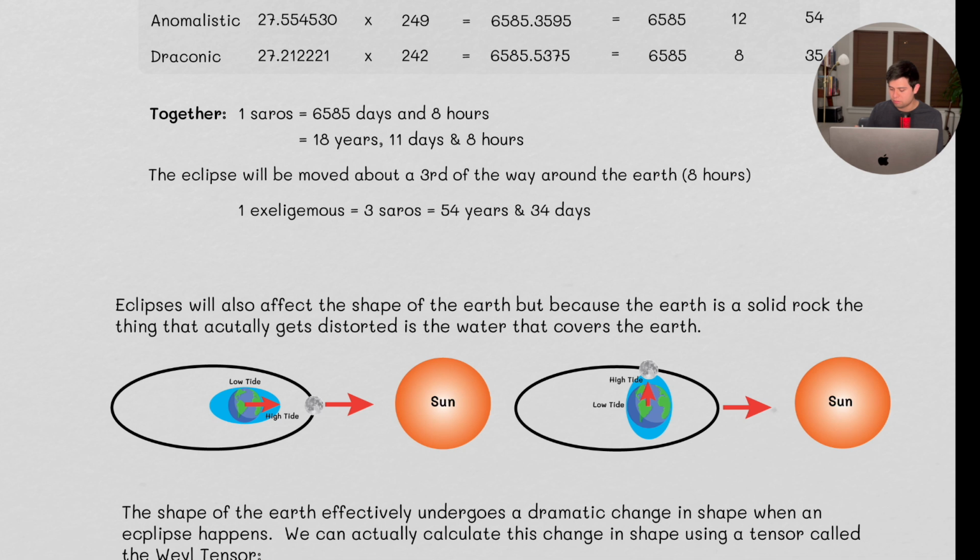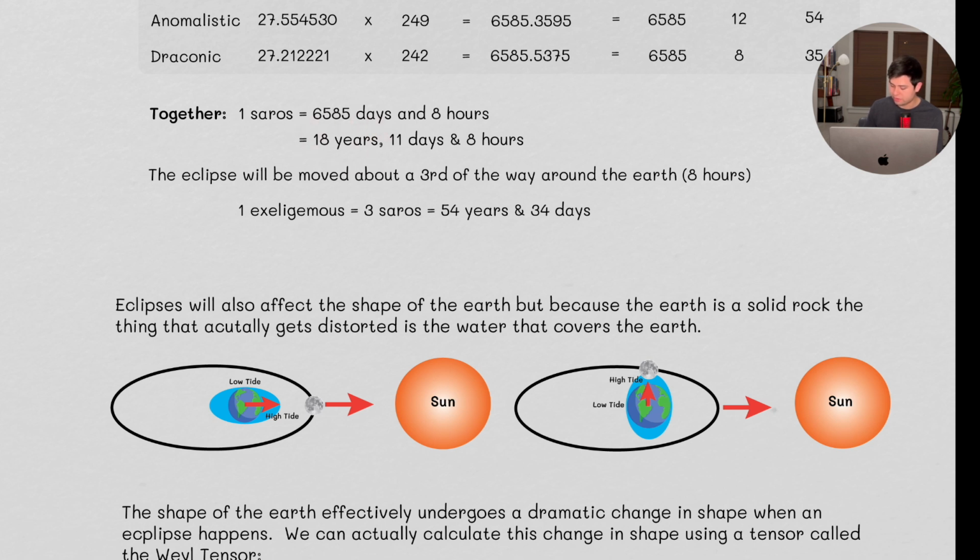So if we multiply this by 3, essentially, we should get rid of the hours, and we get the amount of years and the amount of days. And we call this the, I might butcher the pronunciation here, exeligimus. 1 exeligimus is 3 saros.